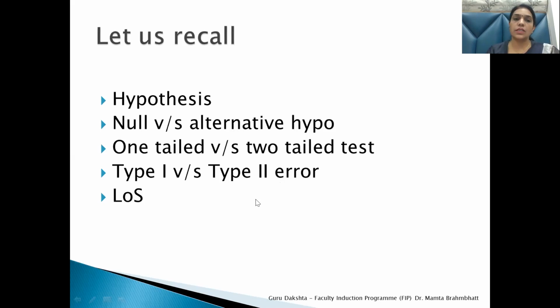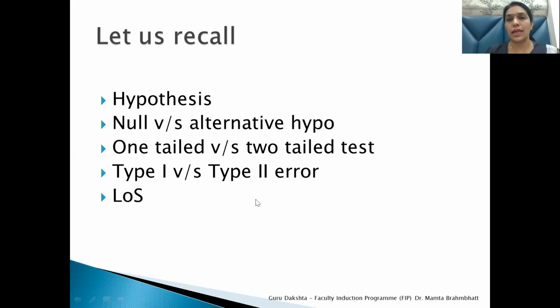Level of significance is the confidence level, the level of confidence with which you are carrying your hypothesis or entire research journey.